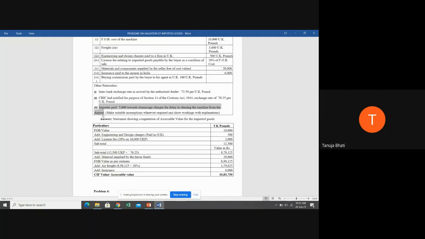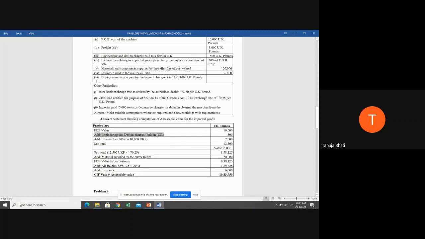Okay. Whatever we have discussed, let us put it in the form of a solution. The answer is a statement showing computation of assessable value for the imported goods. First we have taken the value in UK pounds. FOB value we have taken as 10,000 because it is given as 10,000 UK pounds. To that we have added engineering and design charges paid in UK, 500 UK pounds.